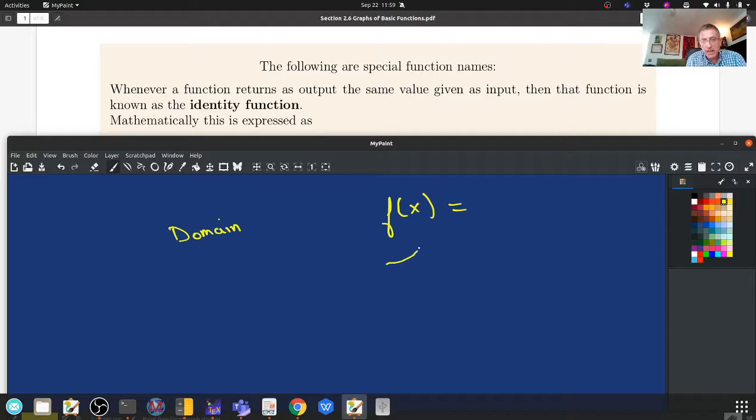Its domain has to do with the input variable, the input value, and it's x. And that input value always comes from the domain. And for our class, the domain is going to be some subset of the real numbers.